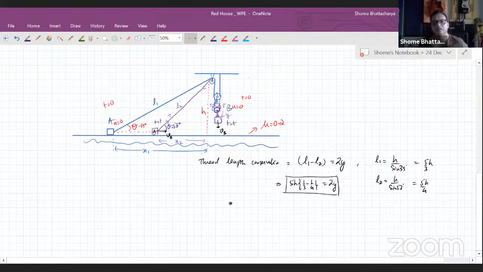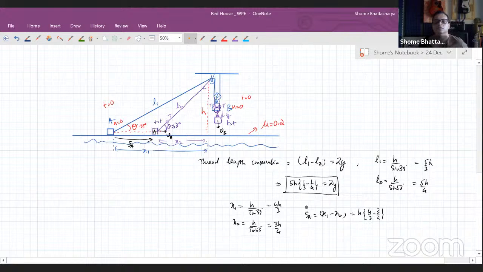Then secondly, X1 is equal to H by tan 37, so that is 4H by 3, and X2 is H by tan 53, so that is 3H by 4. So this block's displacement is X1 minus X2, which is this much. This is our second constraint relation.